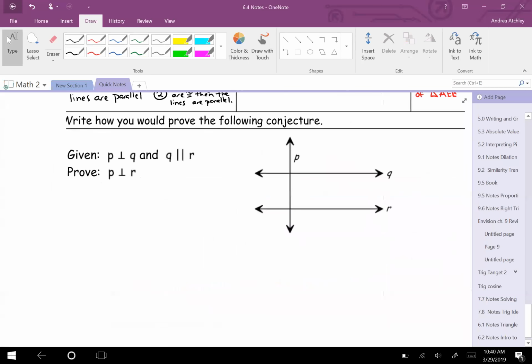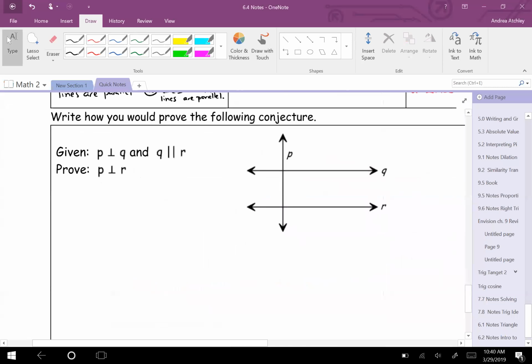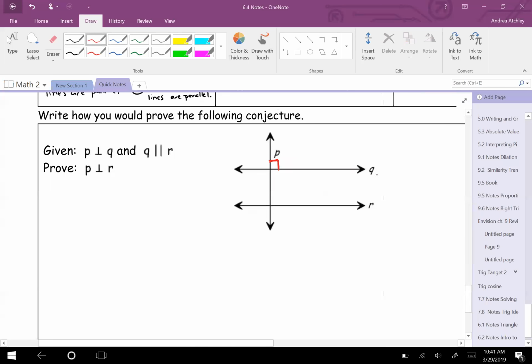Okay, next, we want to prove that P is perpendicular to R. They gave us that P is perpendicular to Q. So here's P is perpendicular to Q, and Q is parallel to R. So this is parallel to this.